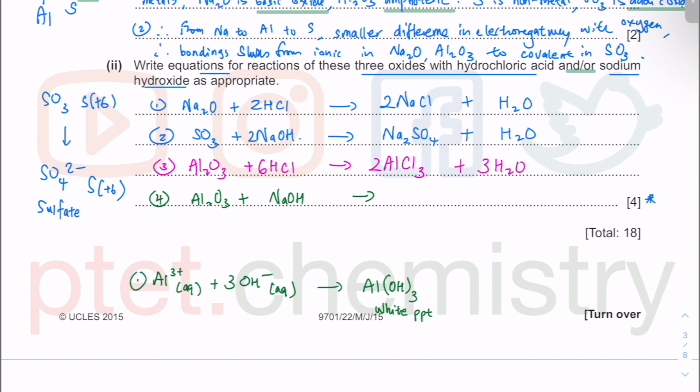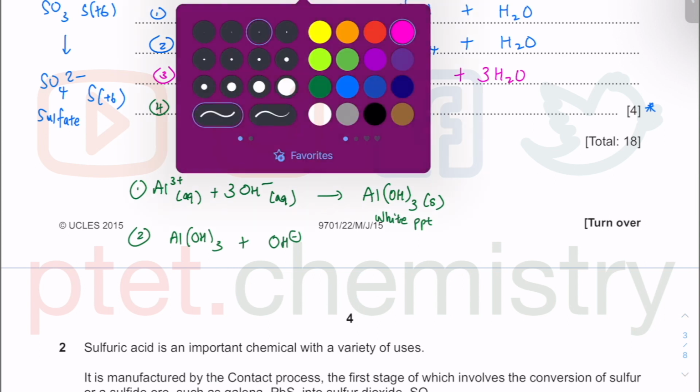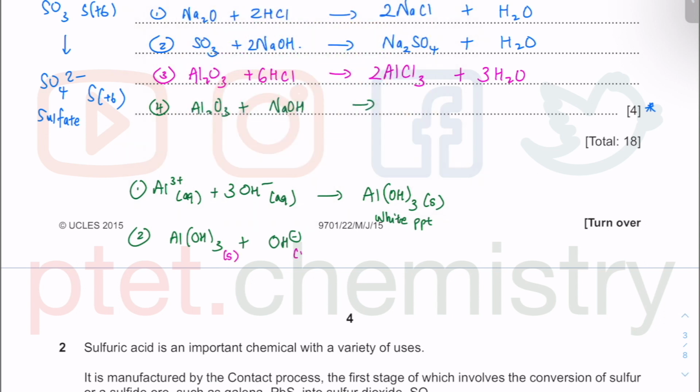And then after that, you know this white precipitate will dissolve in excess NaOH. So I add in more OH minus aqueous. What's going to happen is the white precipitate will dissolve. And what do I get? I get this complex. So instead of 3 hydroxide, I now have 4 hydroxide.